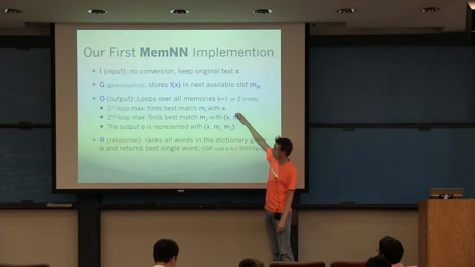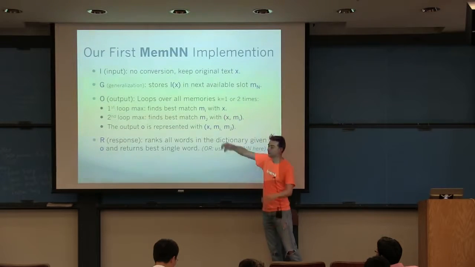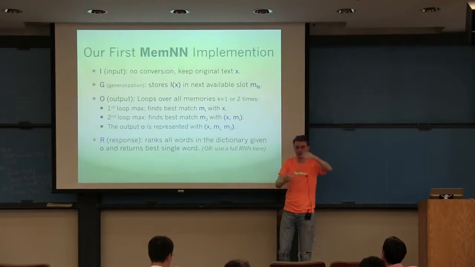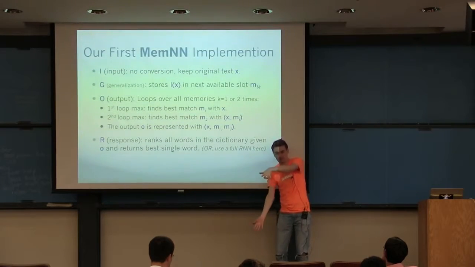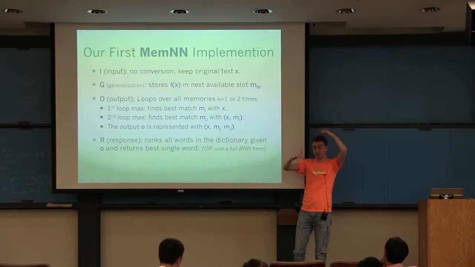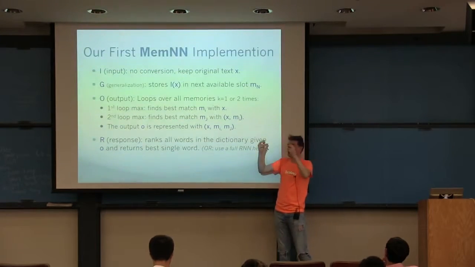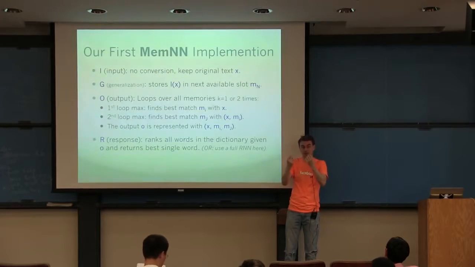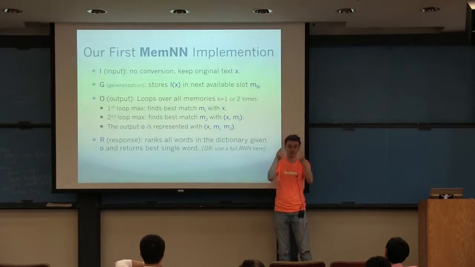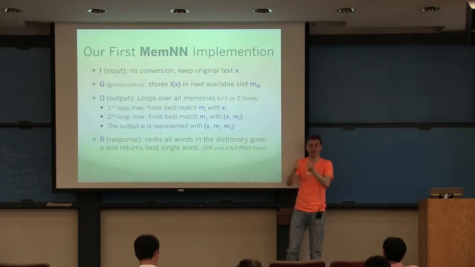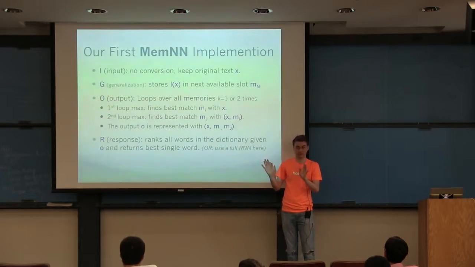In the first hop, we take the input X and go over every memory location MI that's already filled. Presumably we've still got a whole bunch of memory that we haven't filled yet. All the ones that are filled with story or knowledge, we're going to score with a neural network that does the matching between X and MI, and tells us which ones are a good match. The idea is to look for these supporting facts.